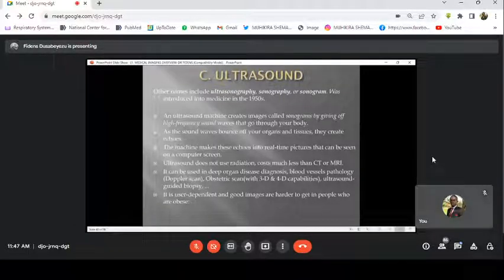Even bones can block a big amount of ultrasound waves. Not all, but a big number. But fluid is a friend of ultrasound because fluid allows sound waves to pass through and go behind that fluid and look at other organs.